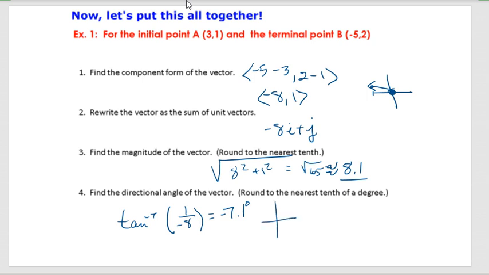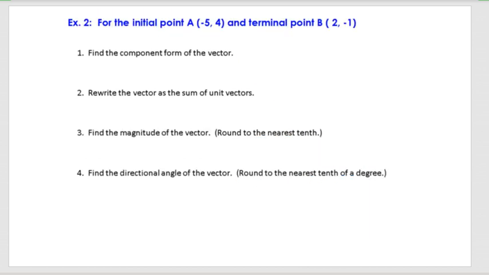It's negative. So think about where we're located. The reference angle is 7.1. This would be this side in this quadrant. So it's 180 minus 7.1, which is 172.9 degrees. Done.